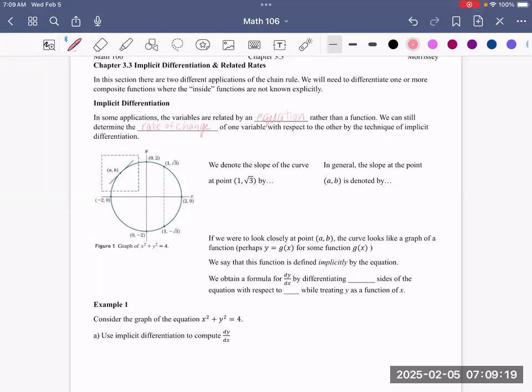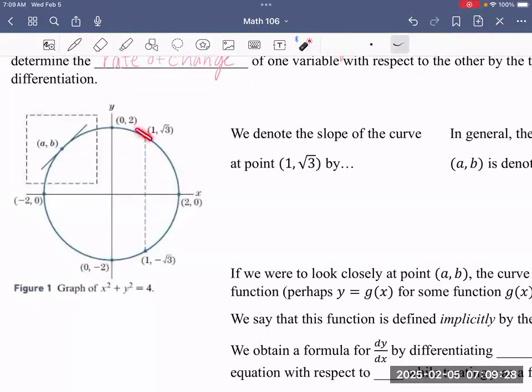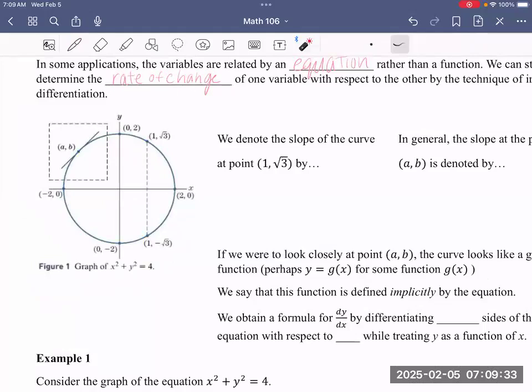So we denote the slope of a curve at a point here, (1, √3). Looking at (1, √3) here, if we wanted to know the slope of your curve, because we have an x and a y coordinate, we would want to find dy/dx, given that your x is equal to 1 and your y is equal to the square root of 3.